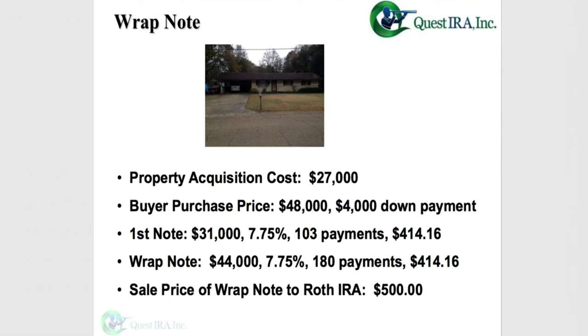But if I have a wrap, I am collecting the whole payment and then forwarding the first their portion. So I have a lot more control over that cash flow.